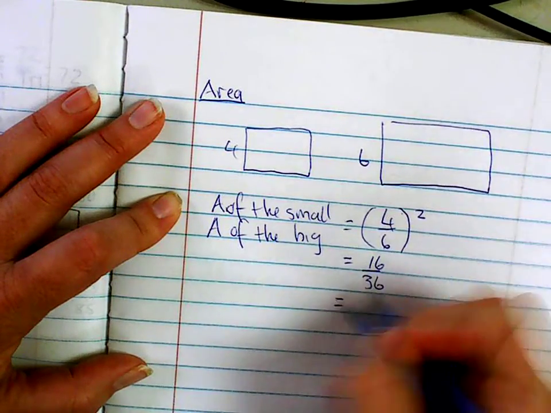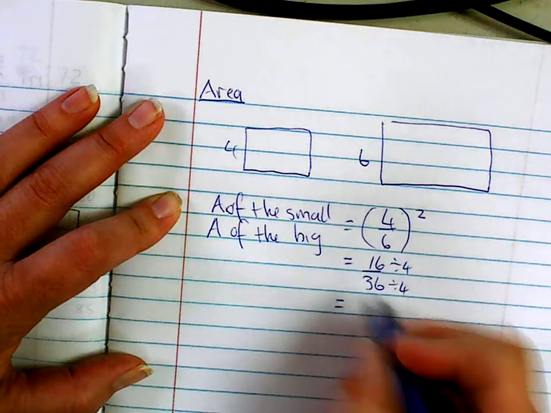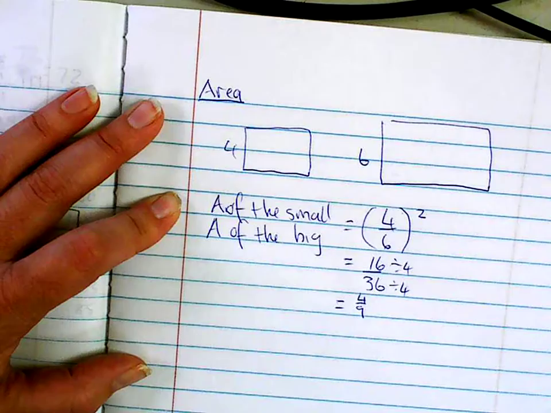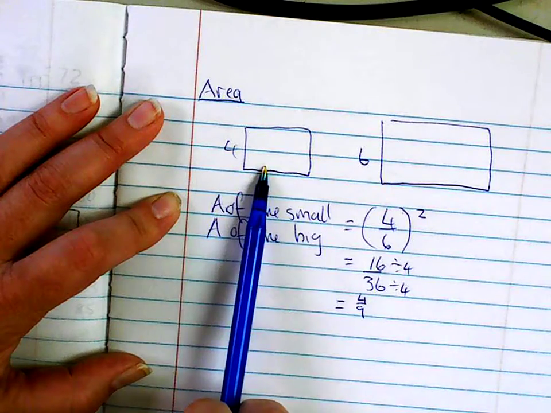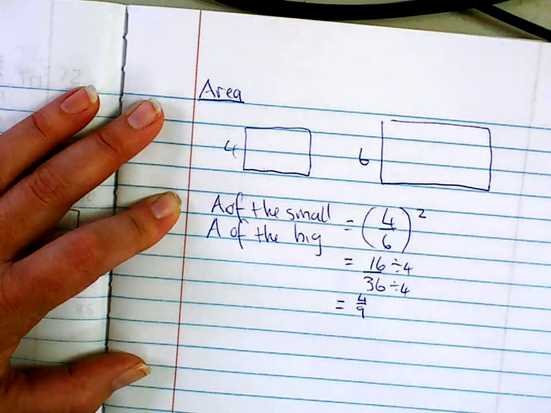And then that I can reduce. Divided by 4 equals 4 over 9. So your area says this. For every 4 we have over here for the area, we have 9 over here for the area. That would be my ratio.